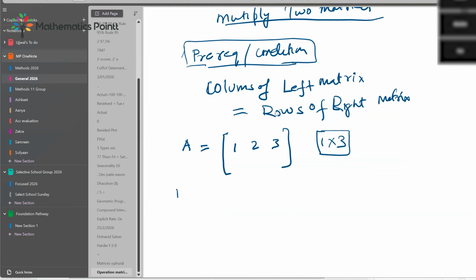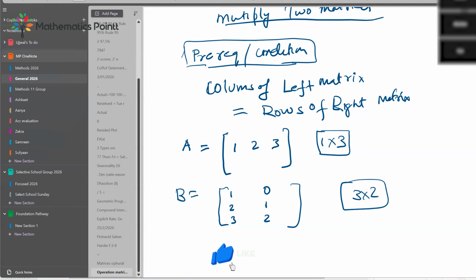And let's say I have another matrix B, which is a 3 cross 2 matrix, meaning 3 rows and only 2 columns. Let's say 1, 2, 3 and 0, 1, 2. The order of matrix B is 3 cross 2.